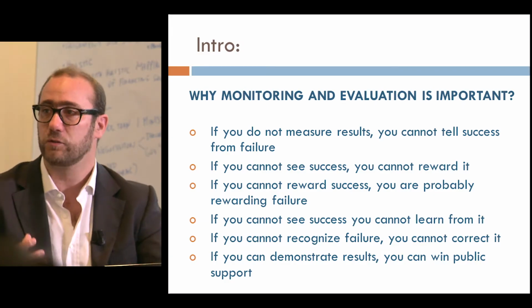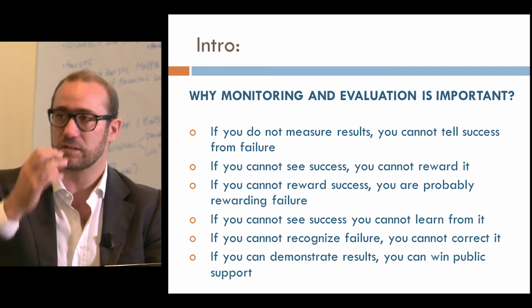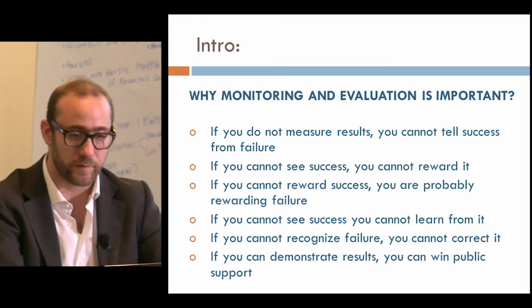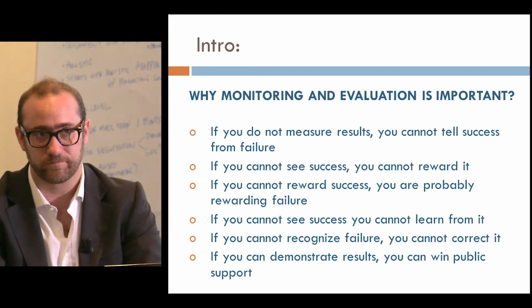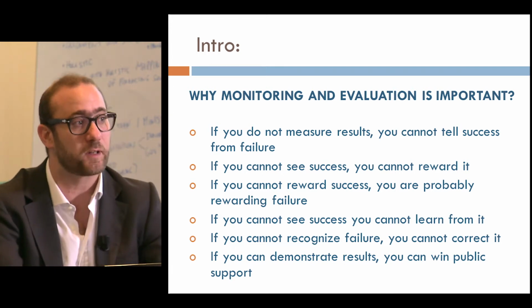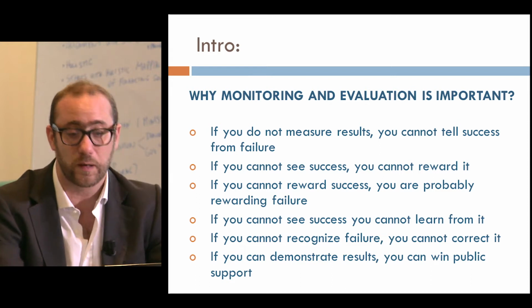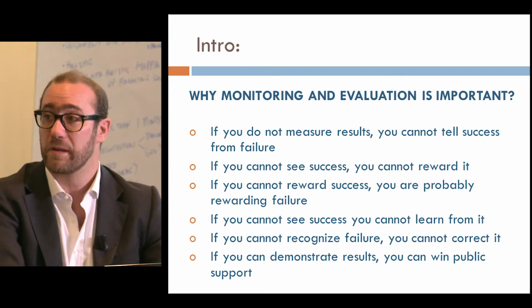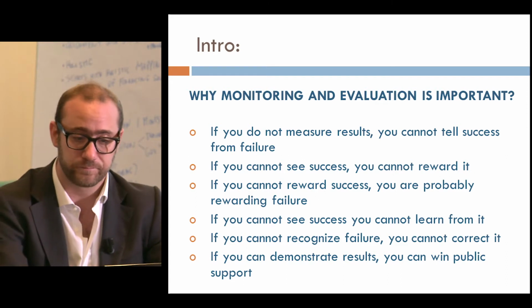So again, the learning element is very important, not only for us as professionals, but also for the institution, for a government. If a government does not see where things can be done better, then we probably continue working in a business-as-usual way, maybe repeating the same mistakes, or missing the opportunity to do things better.